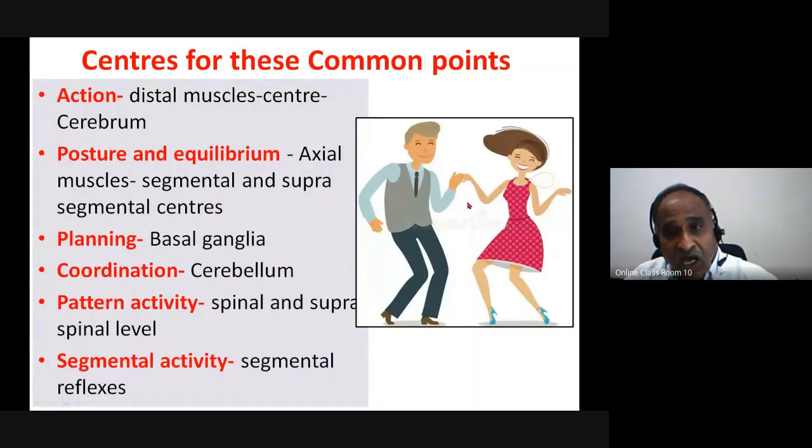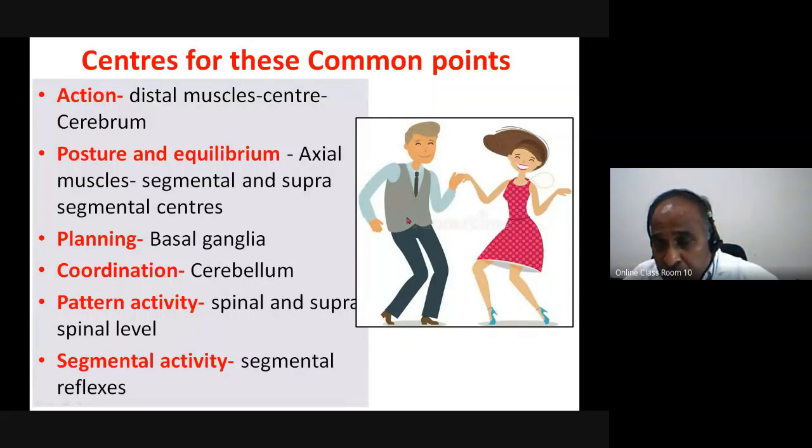These posture regulating and equilibrium regulating mechanisms are in the spinal cord and also above the supraspinal level, starting from the medulla, pons, the midbrain, and even including the cerebral cortex.